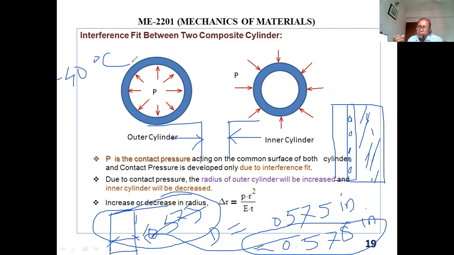You put it for a long time, then the rivet will shrink. You take it with a fork and put it in the hole. Then what will happen? Gradually, the temperature will come up to room temperature, and it will try to go back to its original size, and it will then hold the panel tightly.